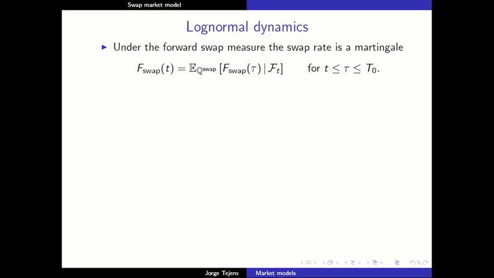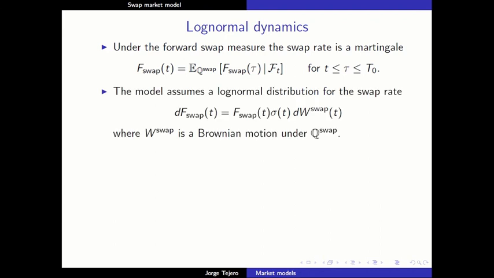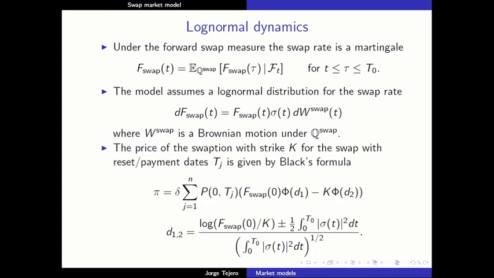It can be proven that under the swap measure, the swap rate is a martingale. This model assumes that the swap rate follows a log-normal distribution under the swap forward measure. The price of a swaption with strike K for a swap with reset and payment dates given by T_j is going to be given by Black's formula, where the terms d1 and d2 are going to be given by this expression.